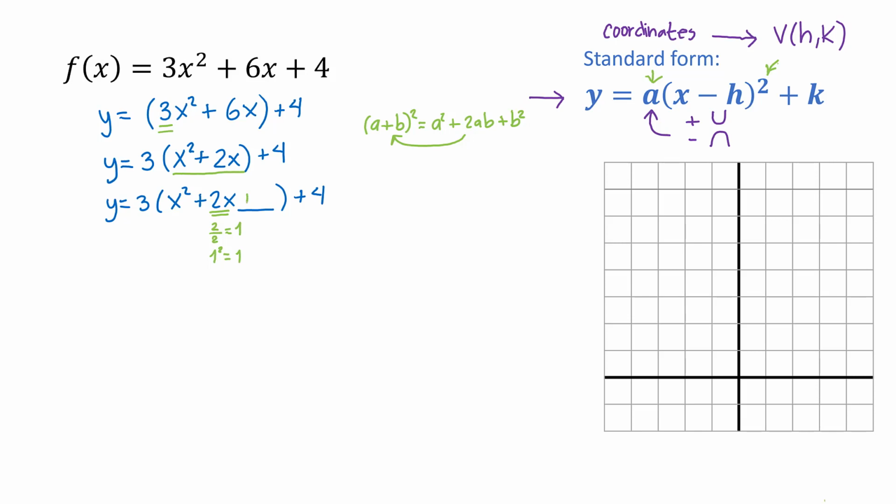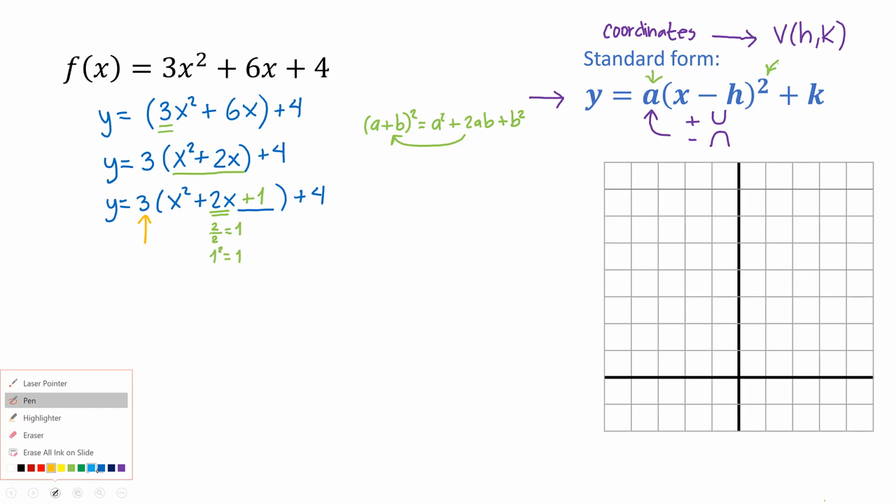So I'm going to add 1 to the binomial, so I now have a perfect square trinomial. Notice that number 1 is inside a parenthesis, and the parenthesis is being multiplied times 3. So by writing a number 1 inside the parenthesis, that number 1 is being multiplied times 3. So I actually just added 3, not 1, because 1 times 3 is 3.